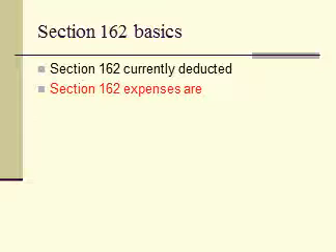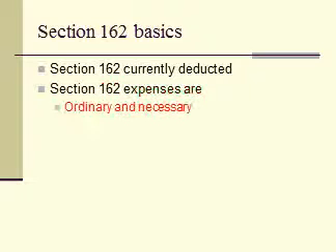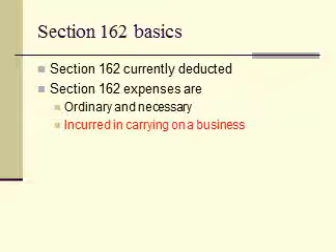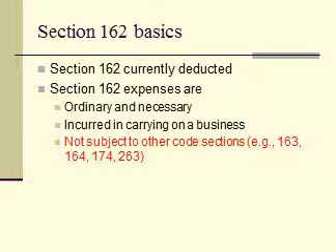To qualify as deductible under Section 162, costs must be ordinary and necessary costs, incurred in carrying on a trade or business, and not subject to special treatment under other code sections, such as Sections 163, 164, 174, 263, and so on.